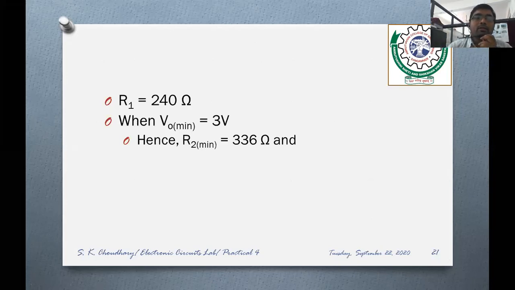You have 1 minute to calculate this. Can anyone tell me what the value would become when V0 is 12 volt?